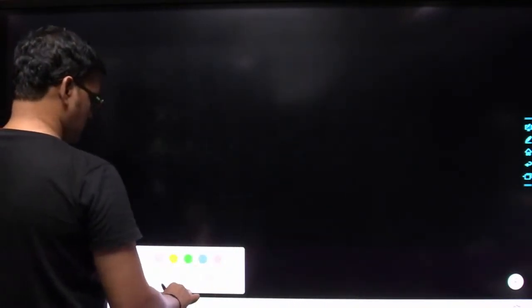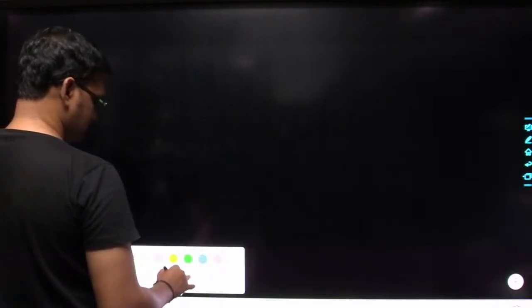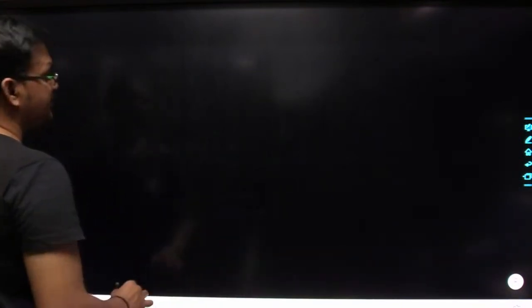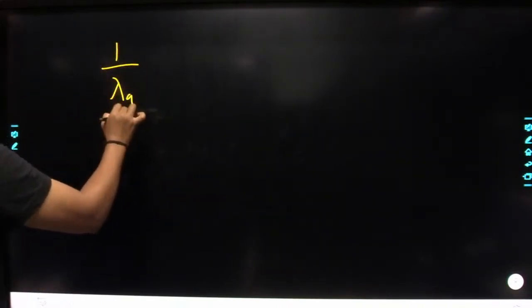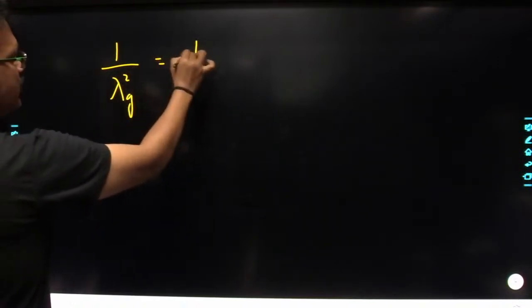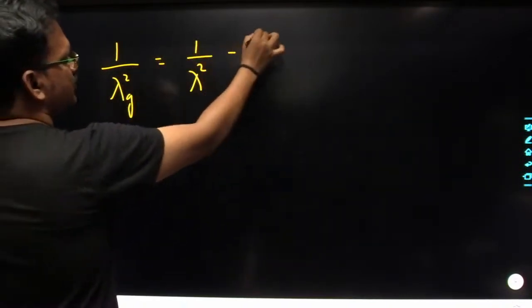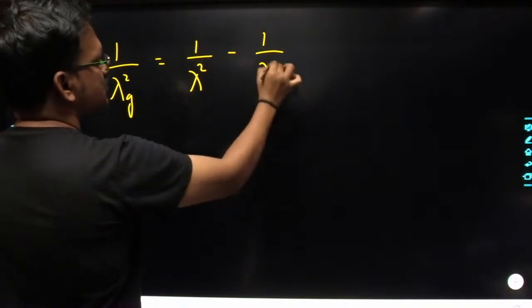Okay. So there is a relation between the guided wavelength, operating wavelength and cutoff wavelength. I am giving that relation here. 1 by lambda g square is equivalent to 1 by lambda square minus 1 by lambda c square.